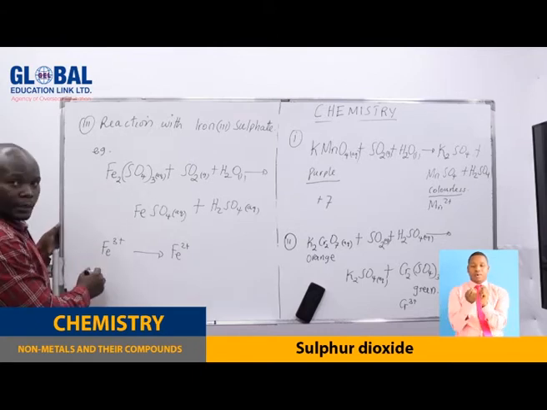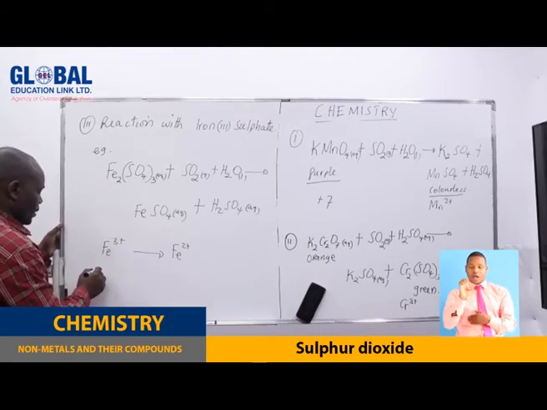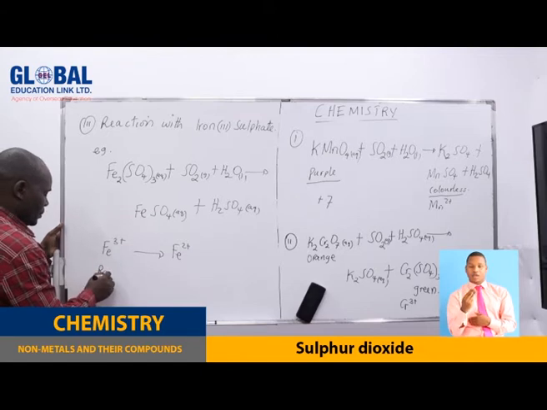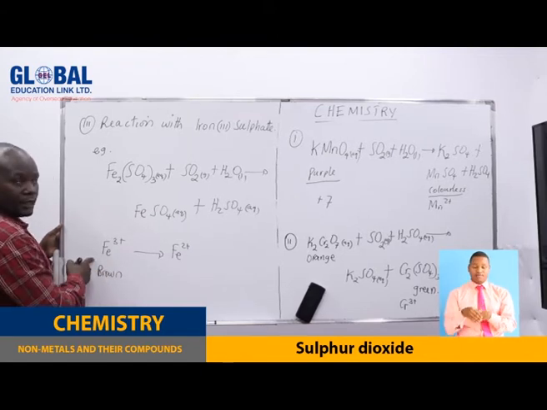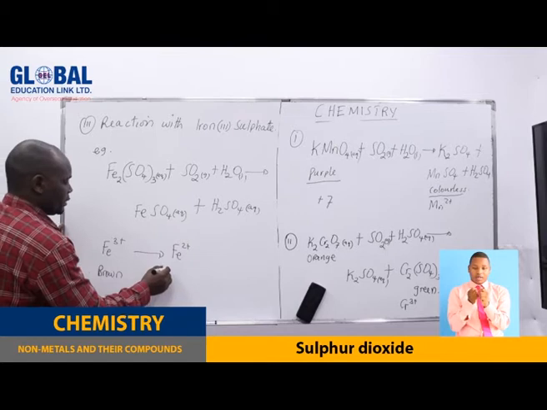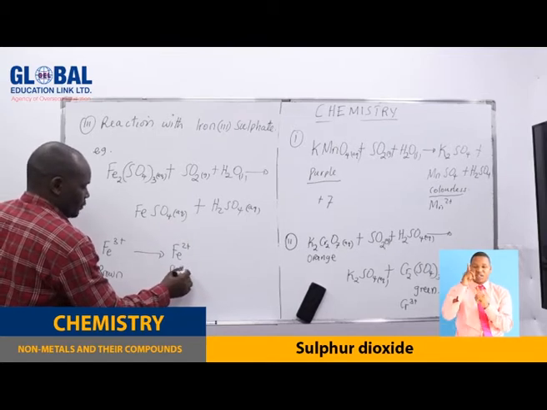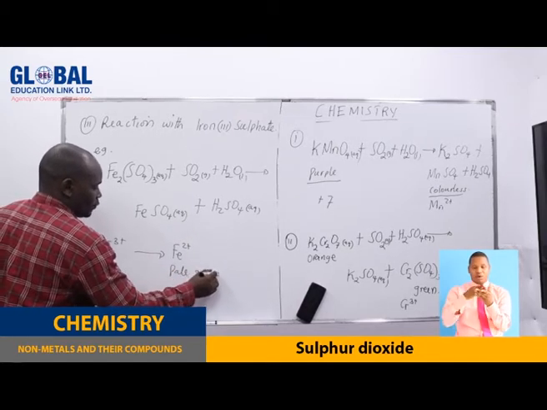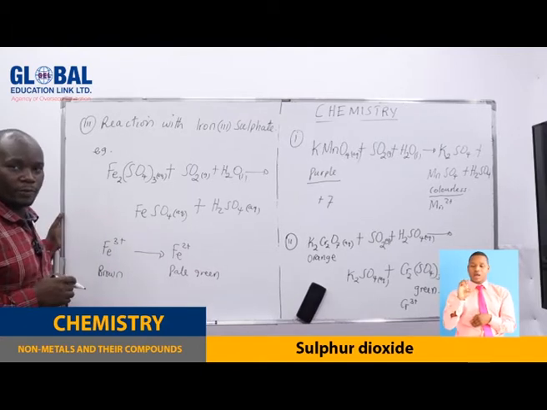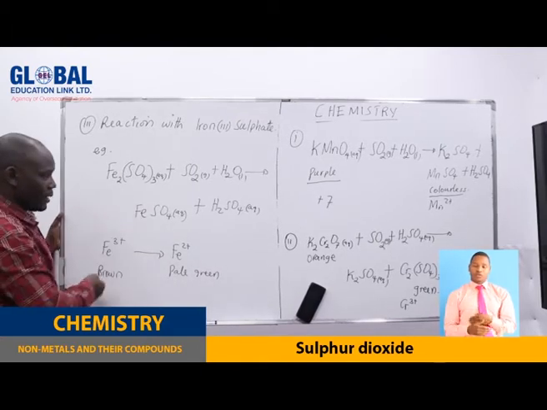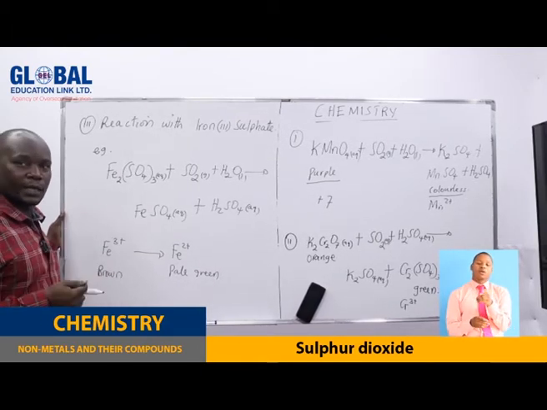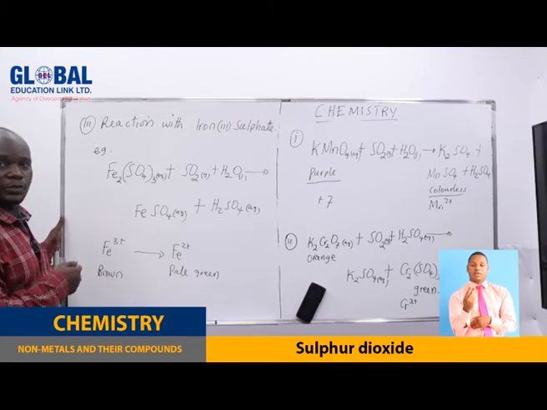Since iron 3 is brown in color, it leads to formation of pale green color of iron 2. So that is how sulfur dioxide acts as a reducing agent.